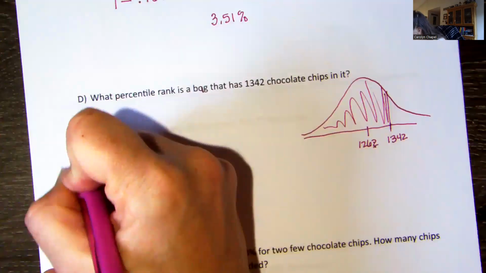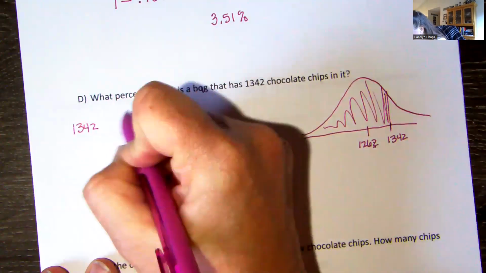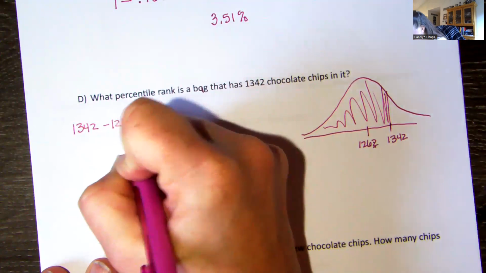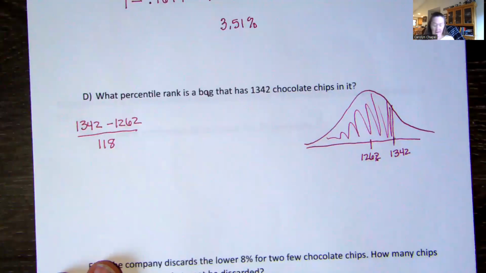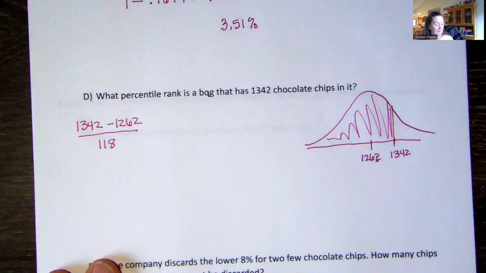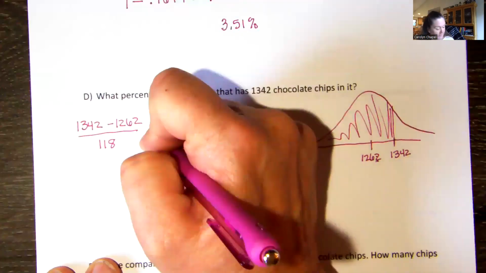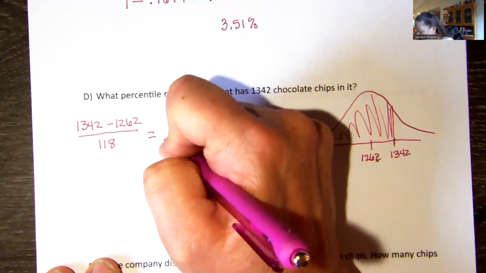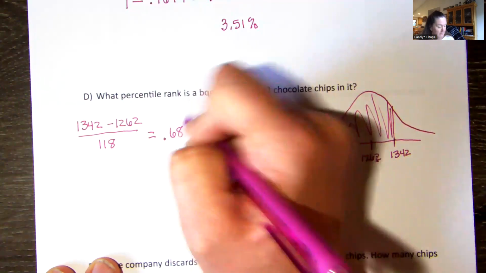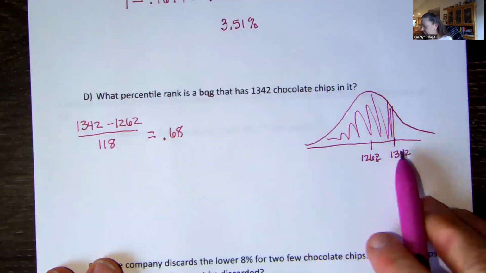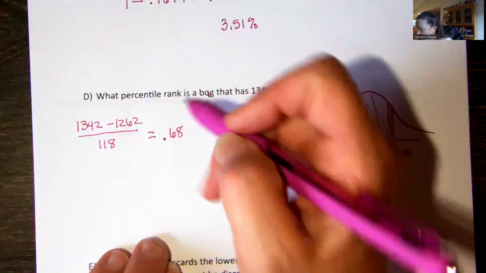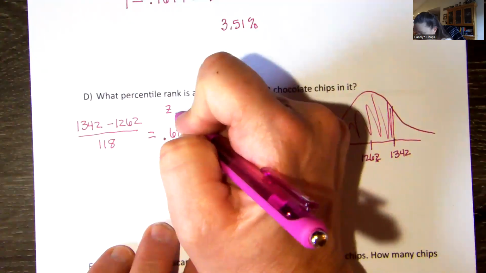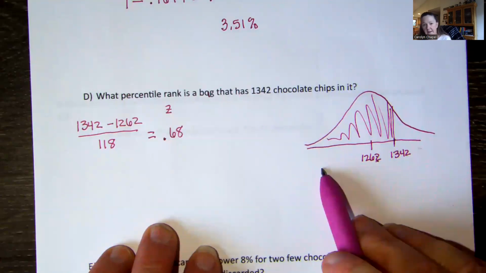So we will find our z-score. So that 1342 minus our mean divided by our standard deviation. And I do get just 0.68 here. I guess I probably could have put them a little closer. That's okay. This is a z-score, a z-value, on the main line.